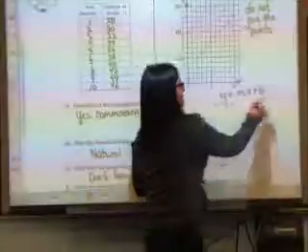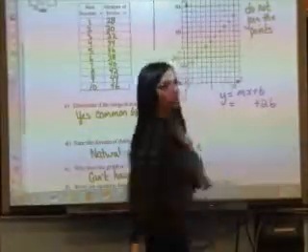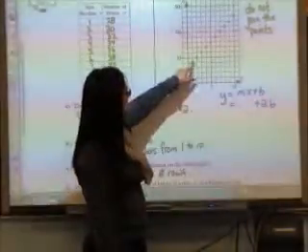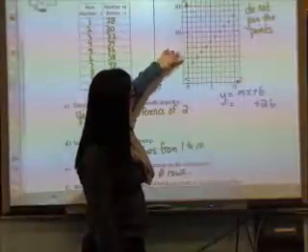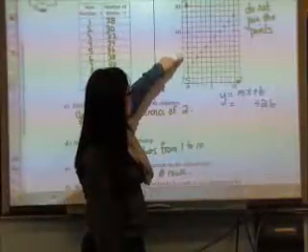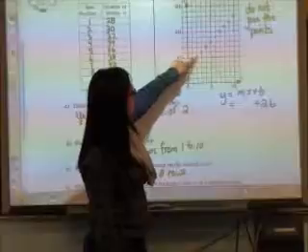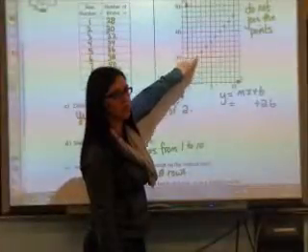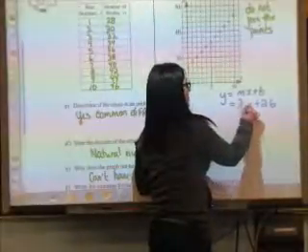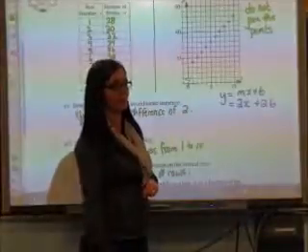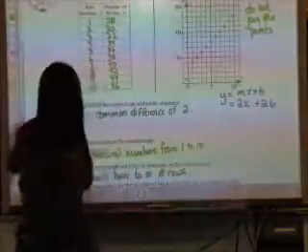At 26. That's my b value. If I look at the slope, each increment going up, rise over run, is 2. So it goes up 2 and over 1. So the slope is 2. And I get the same equation.